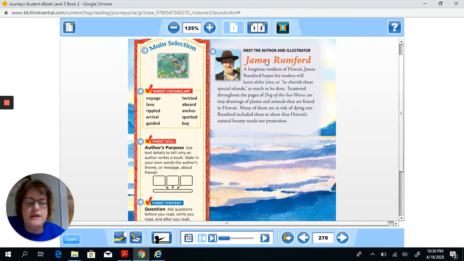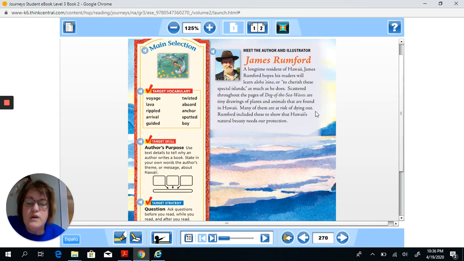Meet the author and illustrator, James Rumford, a longtime resident of Hawaii. That means that he lived in Hawaii for a long time. James Rumford hopes his readers will learn aloha aina, or to cherish these special islands as much as he does. Scattered throughout the pages of Dog of the Sea Waves are tiny drawings of plants and animals that are found in Hawaii.